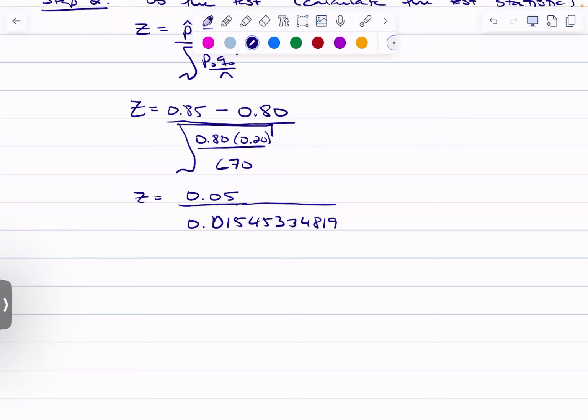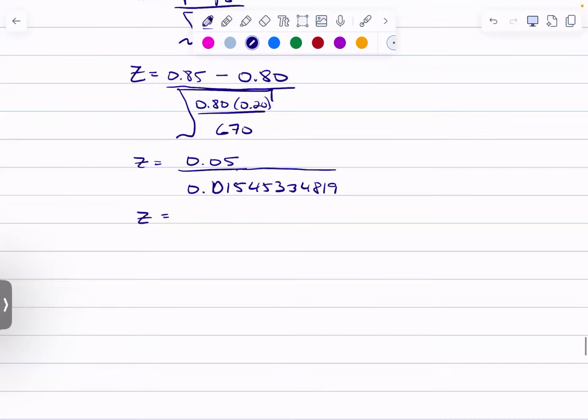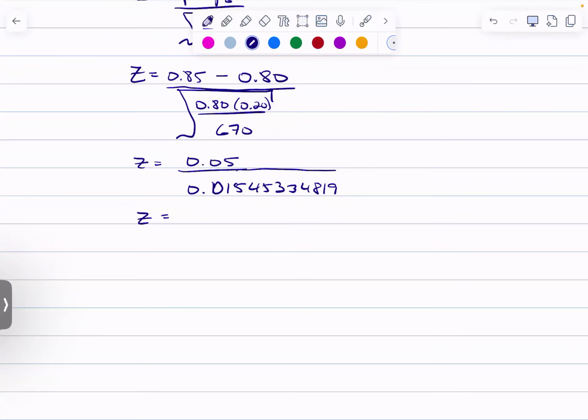Otherwise, it'll make a real mess. 0.01545334819. So I find a Z of 3.2355447776. Yeah, sorry. In the 0.80 times 0.20, where did you get those numbers from?